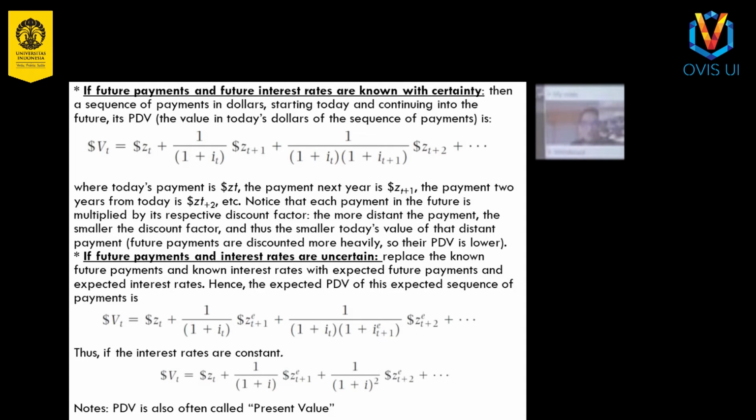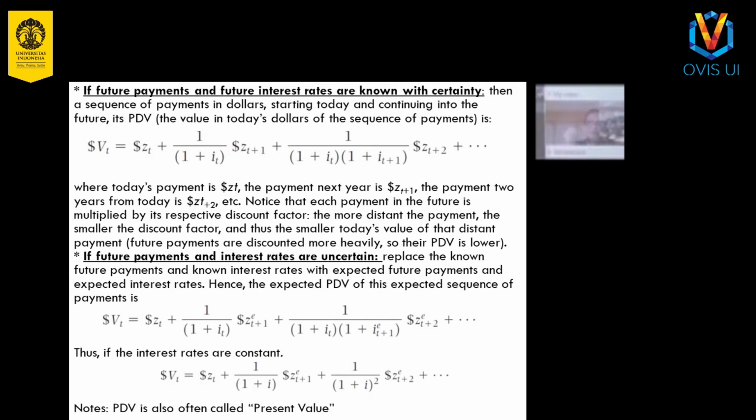But what if you don't get that confirmation? In other words, you're not really sure how much the payment for next year is, and you're not sure what the interest rate will be next year. If it is unknown, you replace all these numbers here with expected values. You notice there is a superscript e.